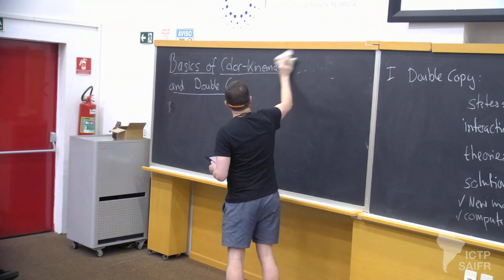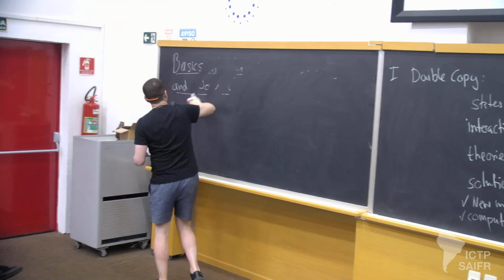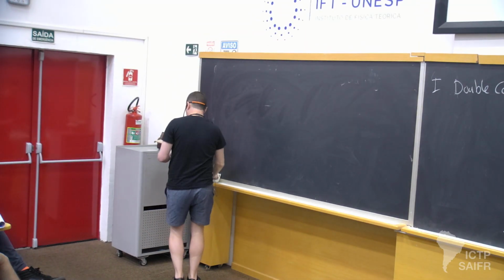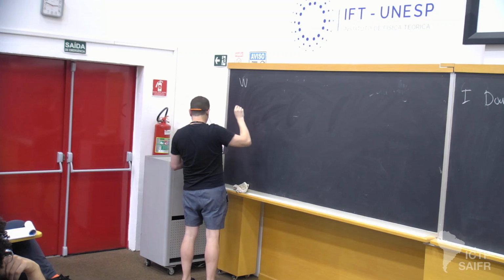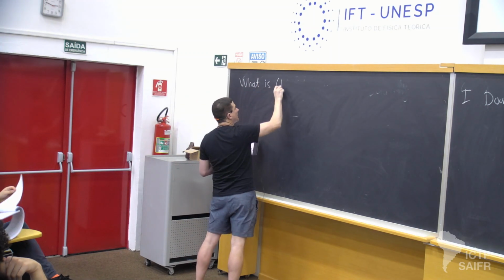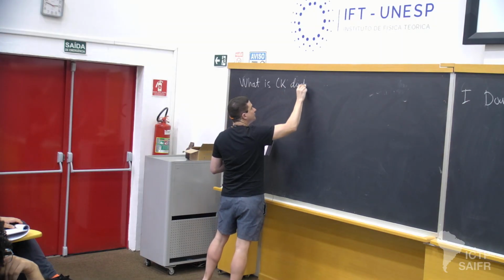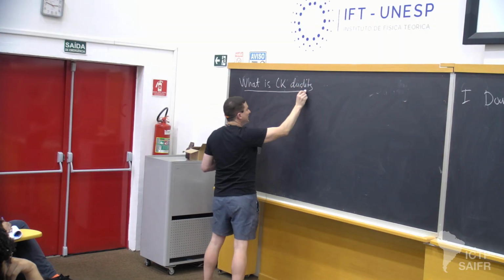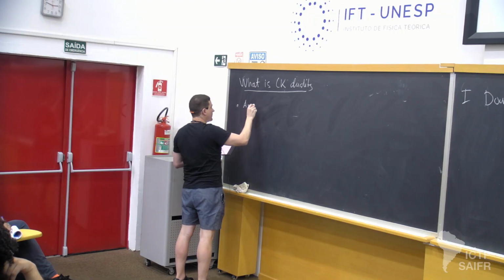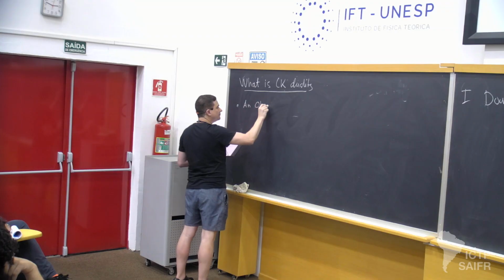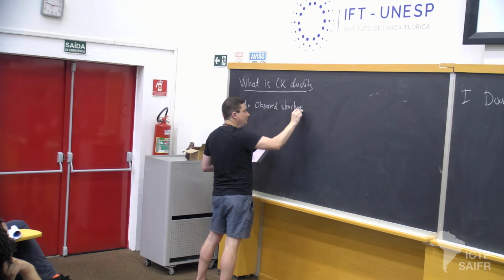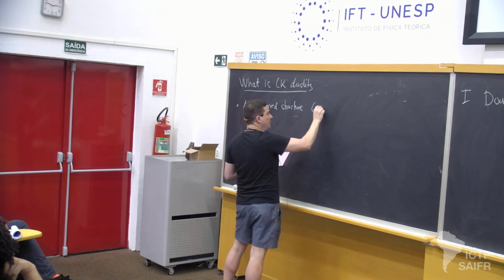Yeah, let's talk a bit more motivation. What is color kinematics duality? So this is still motivation, so it will be kind of schematic. And this is not the definition, so this is just some words. So first of all, it's an observed structure. No general proof.